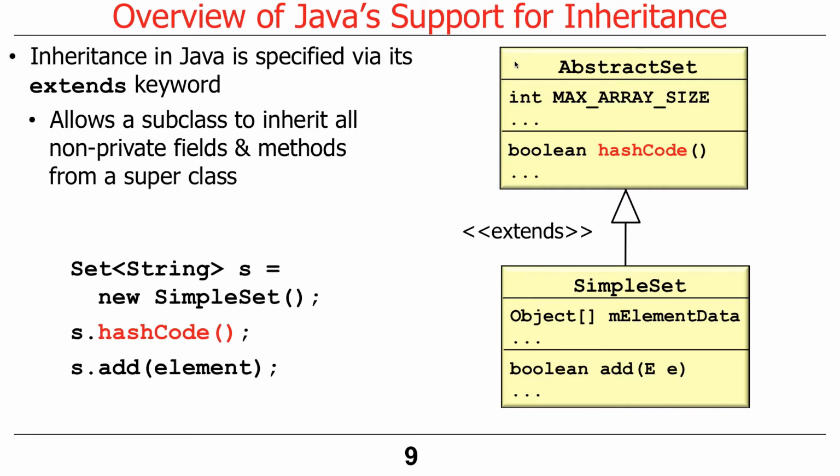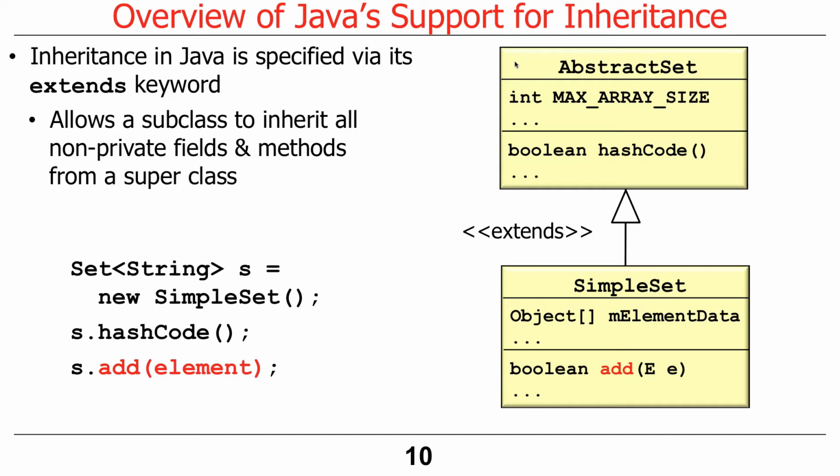Well, in this case, there's only one hashCode, the one that's defined up here in abstract set. So that's the one that's actually going to be called. And I think hashCode probably comes from the class Object, which is the parent of all classes. But it's also, of course, part of abstract set as well.